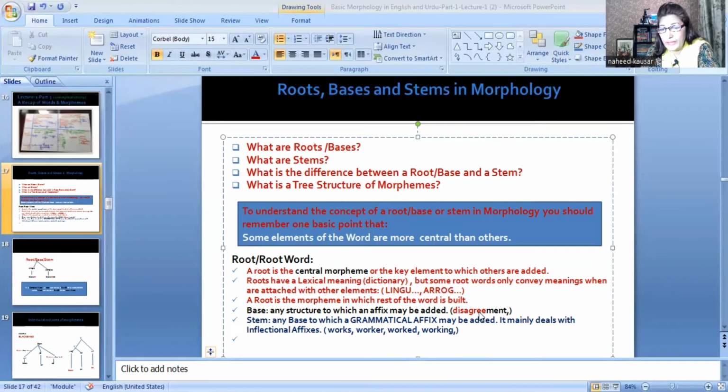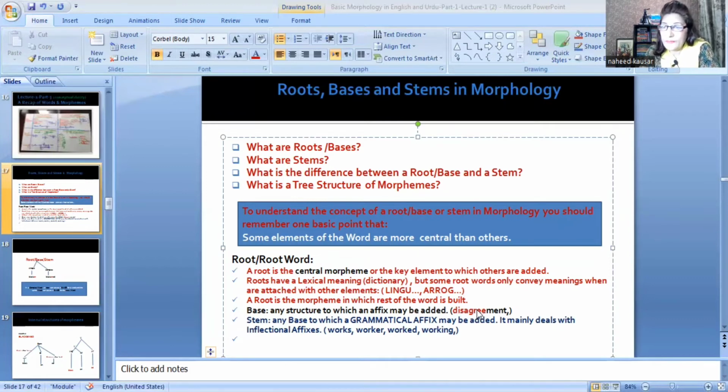In this word, disagreement, agree is the root, and ment is the suffix or the affixation that is put at the end. And then again, disagree is another word. For this ment, this disagree is a base. Although this is not a root word, because of course you can further divide this disagree into dis and agree. Only agree will be the root word.